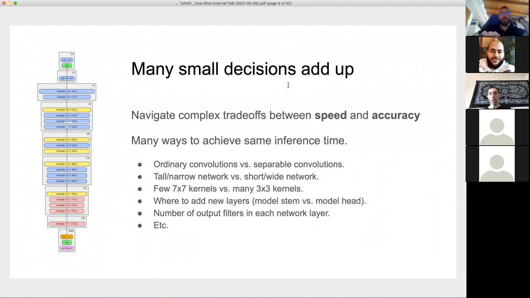Each of these knobs lets you trade off between accuracy and latency in a slightly different way, and these knobs can actually interact with each other as well. So there are many different ways that you can potentially design an architecture that will get you the same latency, but potentially very different accuracies. And reasoning about these is tricky.